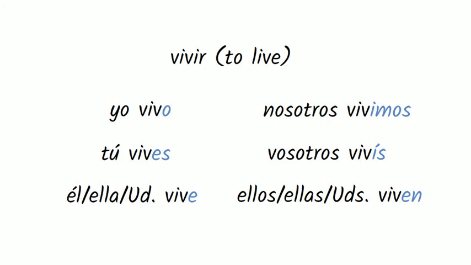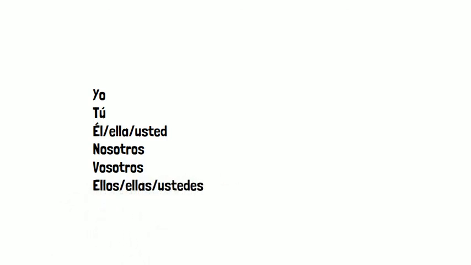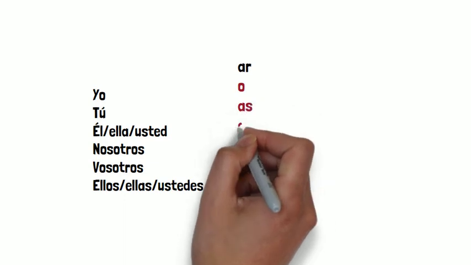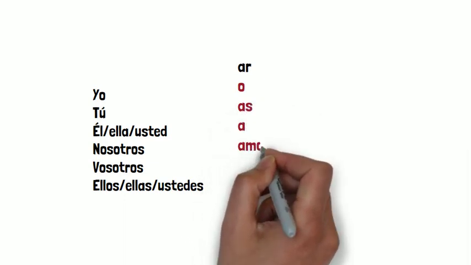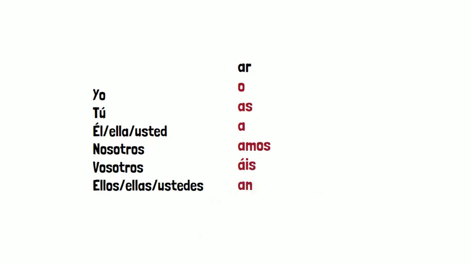From the three verbs we conjugated, we can establish the endings for the AR, ER, and IR verbs. The AR verbs must end in O, AS, A, AMOS, Á, ÁIS, and finally, AN.